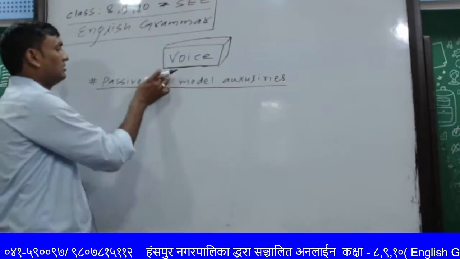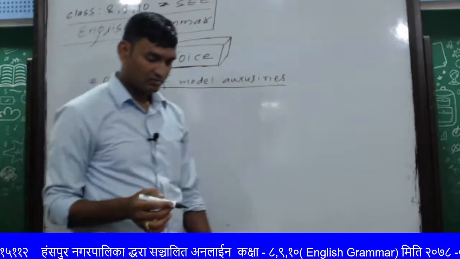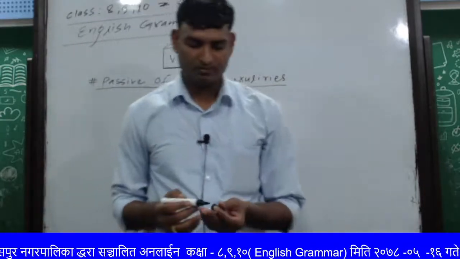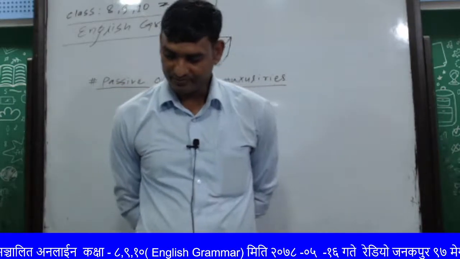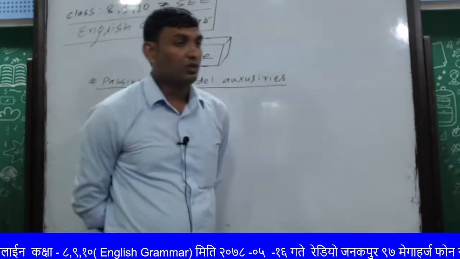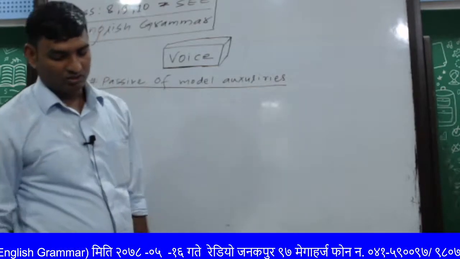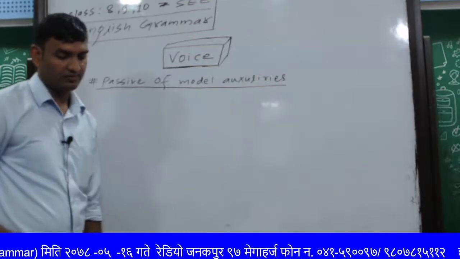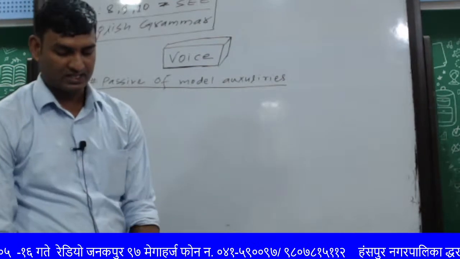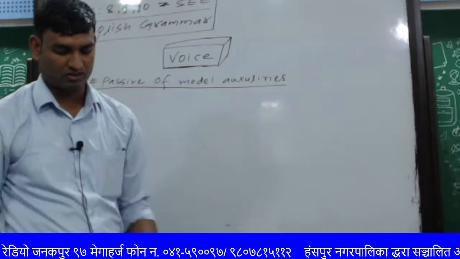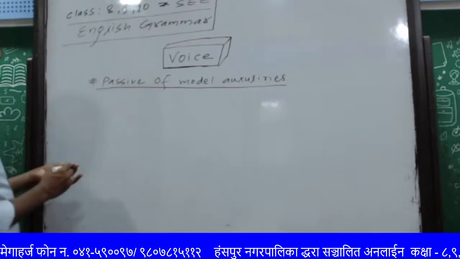There are 13 modal auxiliary verbs: can, could, may, might, shall, should, will, would, must, dare, need, ought to, etc. I am going to write the active structure and passive structure of modal auxiliary verbs. So first of all, what are the modal auxiliaries?